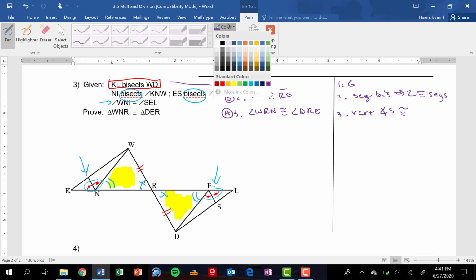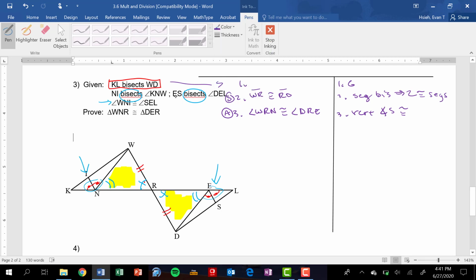So now I'm going to do all these pieces right here as my givens, because I'm going to use those all together. Okay, once I have that, now I can say that angle WNR, the big angle, is congruent to angle LED.